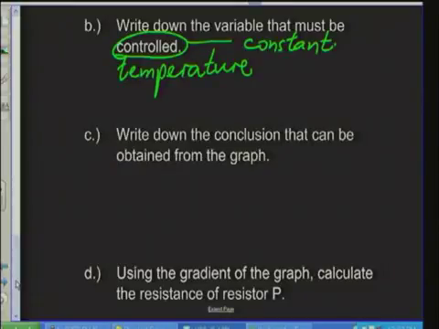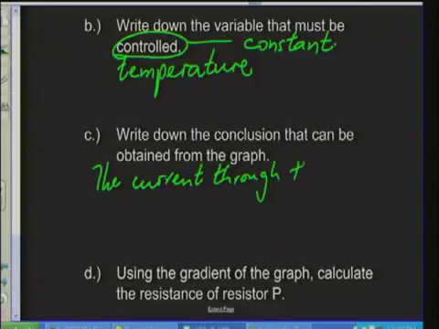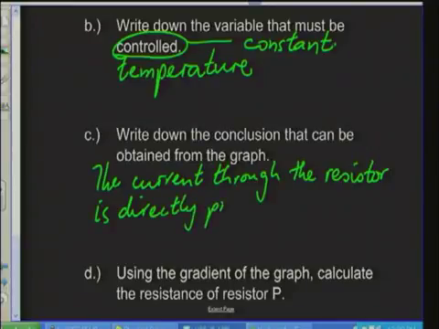Now, write down the conclusion that can be made from this. Okay, the conclusion that can be made from this is that the current through the resistor is directly proportional to the potential difference.